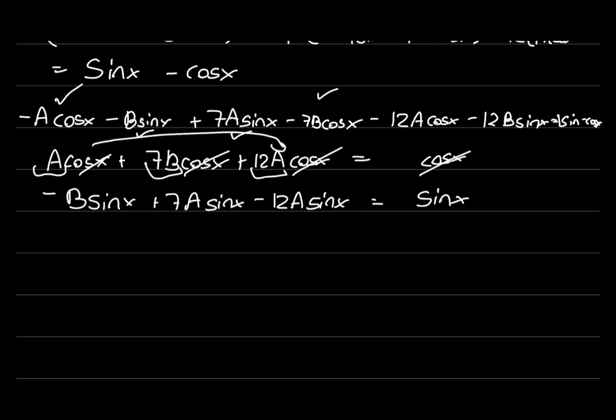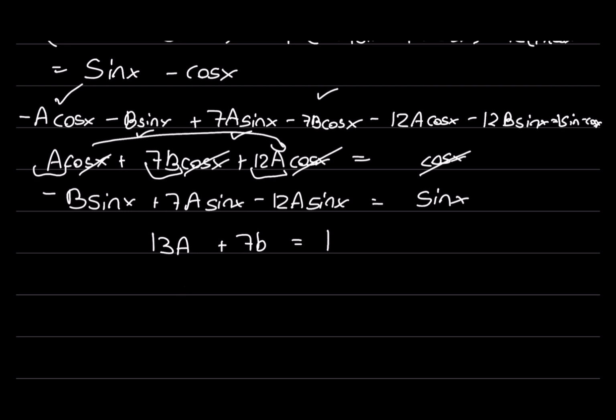If you divide by cos, you'd be left with just 1 on everything here, and we just deal with the coefficients. So now we'll have a plus 7b plus 12a is equal to 1. So that means that we know that 13a plus 7b is equal to 1. Just rewrite that instead: 13a plus 7b is equal to 1.